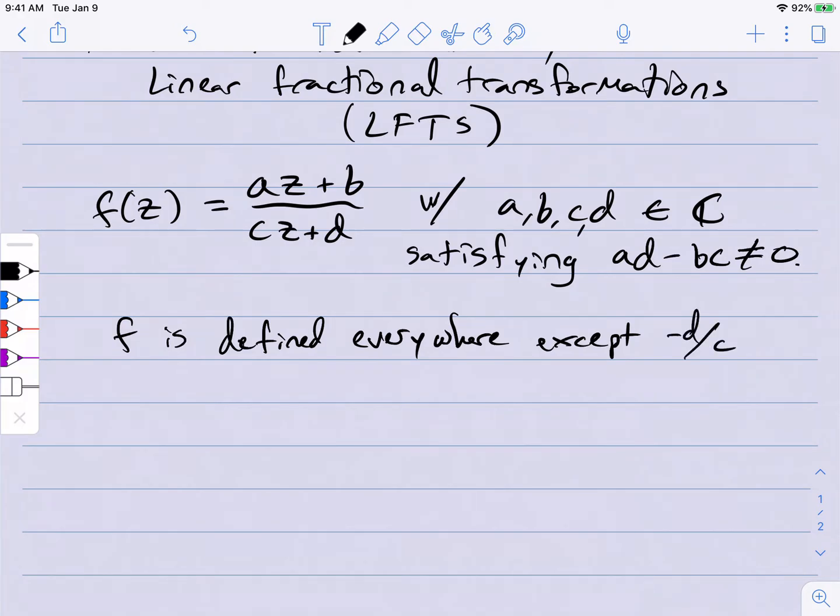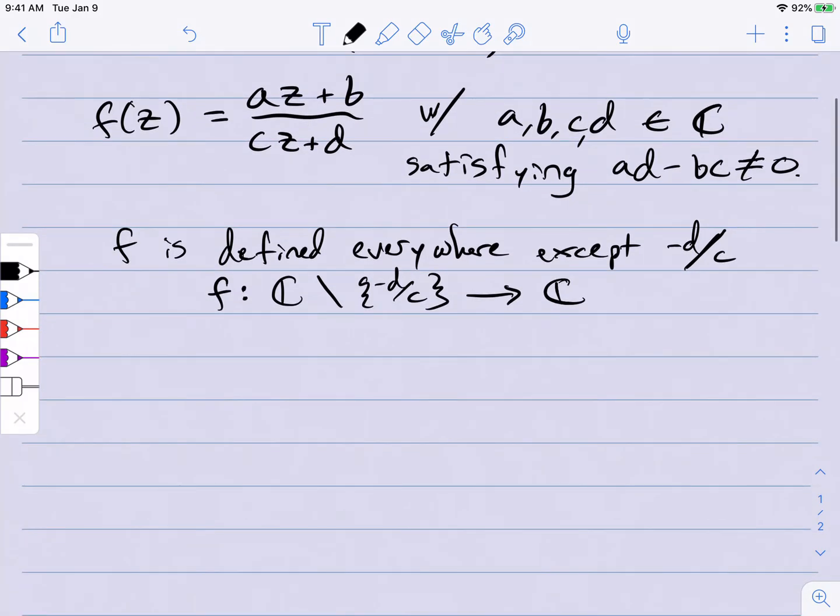And so it gives us a function from the complex numbers minus negative d over c. This notation just means everything except the point negative d over c. So that's the domain of the function, and then a priori it goes to the complex numbers. And that's the definition.